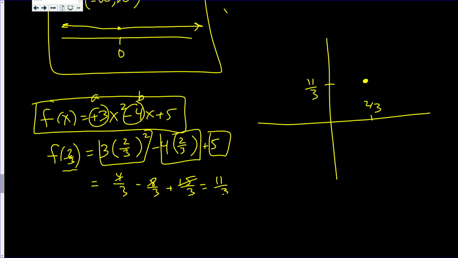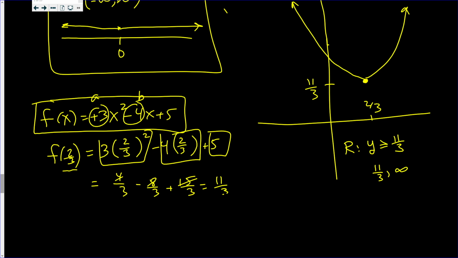The min value is right there, and it goes up forever. The range is the y values. Y is at least 11/3. You can say 11/3 to infinity.